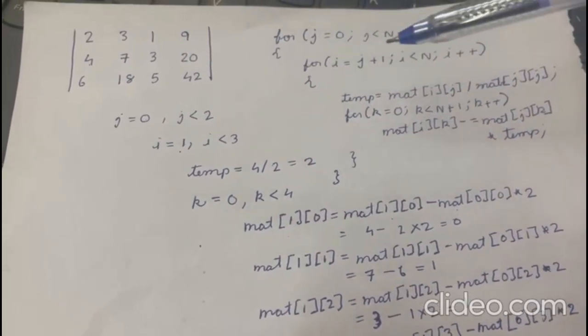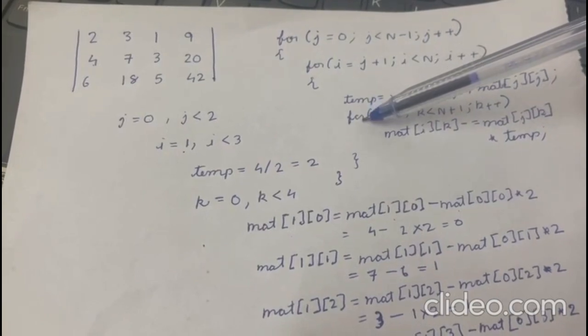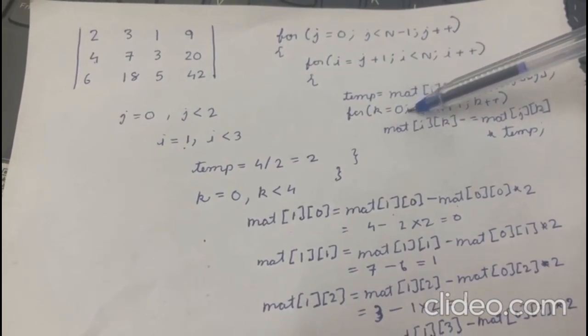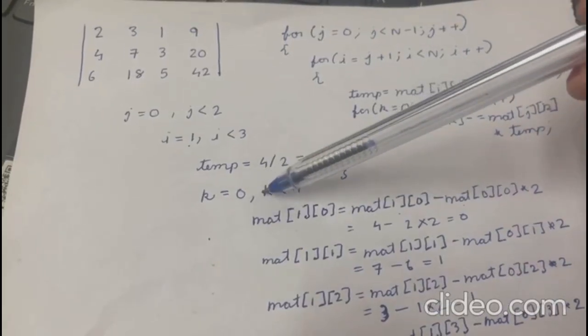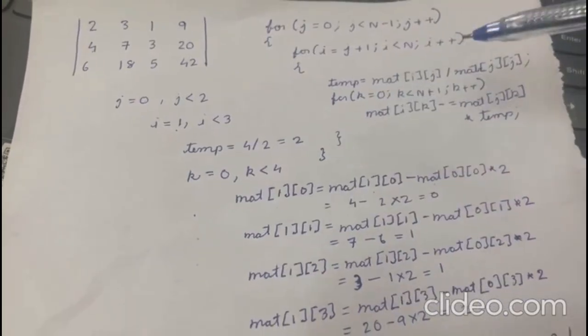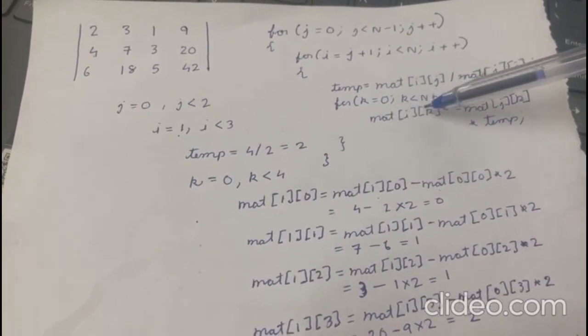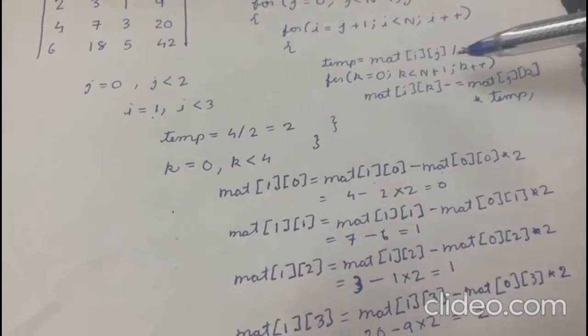Okay, clear? Now after getting the temporary variable, we are going to go into another loop. For k equal to 0, 0 less than n plus 1, which means 4. k equal to 0, 0 is less than 4, so we are entering the loop. Here what we are going to do: mat of i k is equal to mat of i k minus mat of j k into temp.